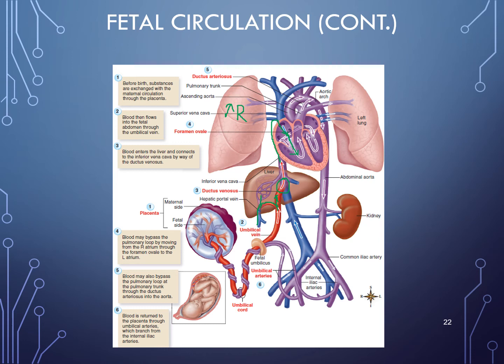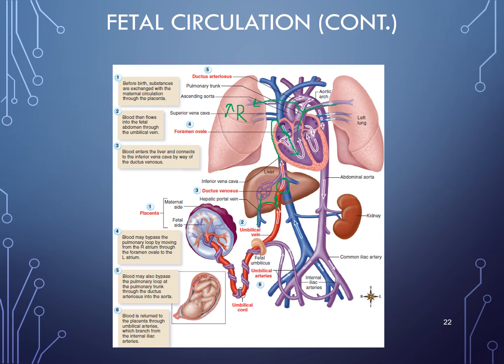So some of the blood flows into the ventricle and is going to get pumped out of the pulmonary arteries towards the lungs. It's going to go this way, right? But because there is so much resistance in the lungs, there's going to be a high resistance in the pulmonary arteries.